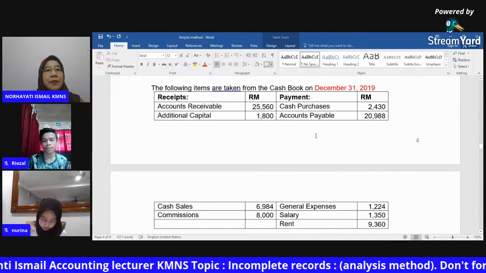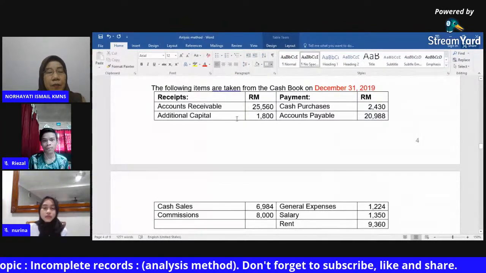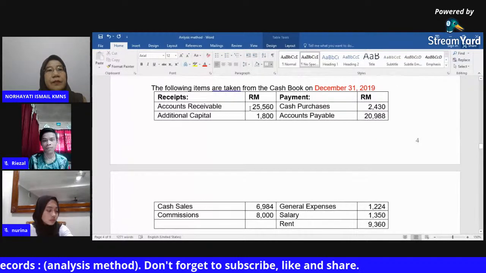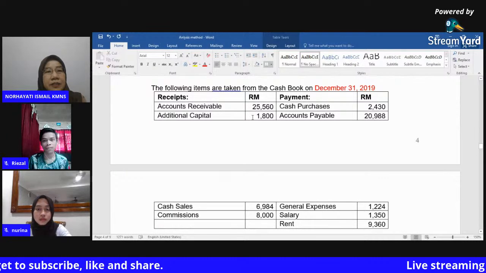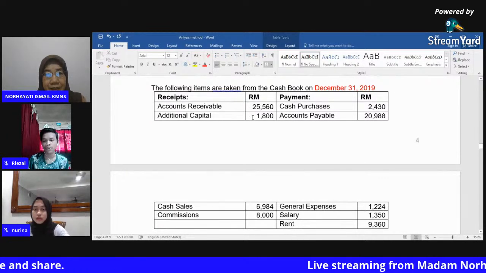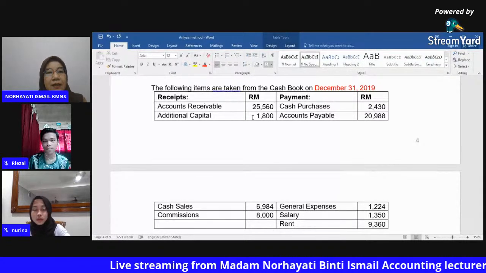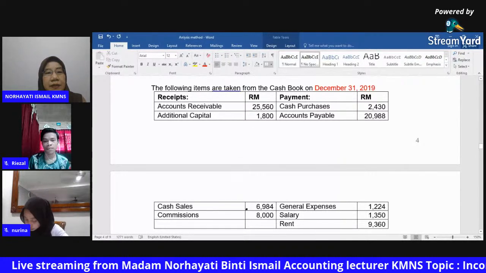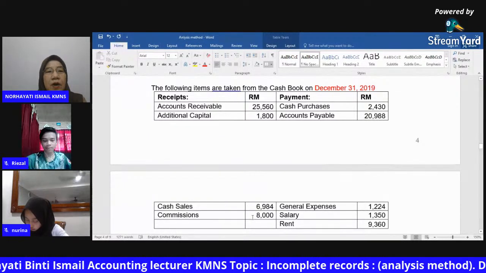So you can see from the debit side of the cash book, we receive cash from account receivable, and then the owner adds additional capital 1,000. So the company receives cash sales and cash for commission.